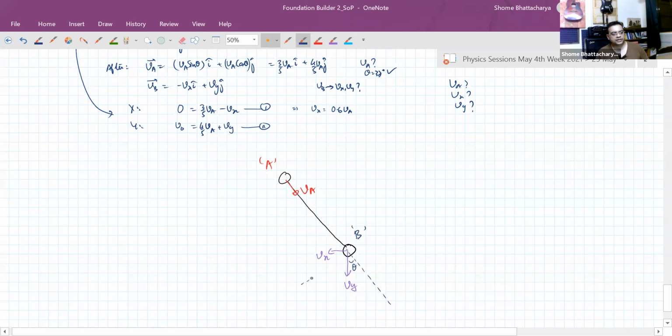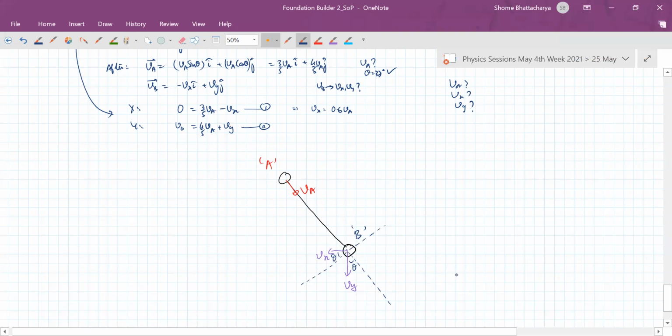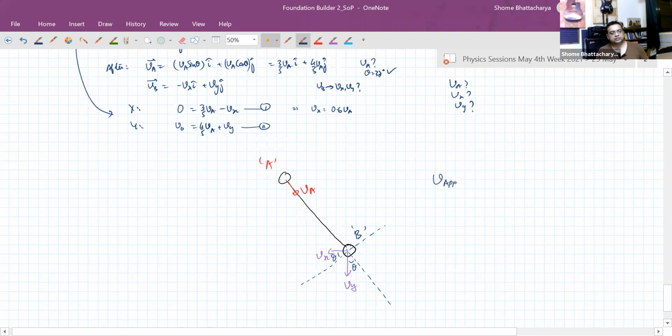So if I also draw a perpendicular over here, you'll see this angle is theta, correct? Yes, sir. The angles are correct now? Okay. So now you can see that we want to calculate the approach velocity of A towards B, the net approach velocity, the relative velocity of approach.